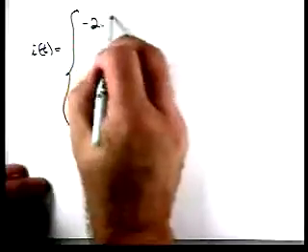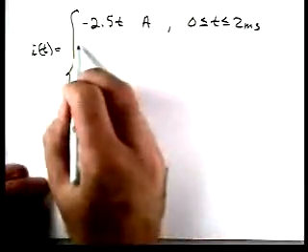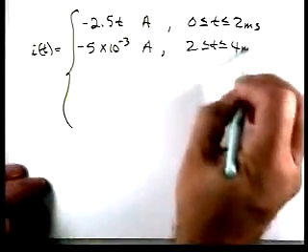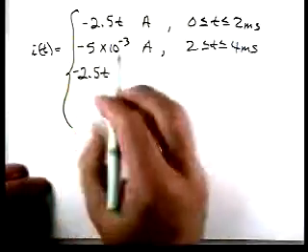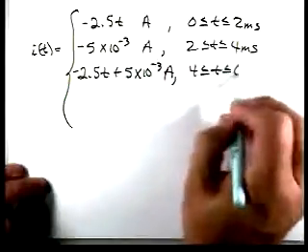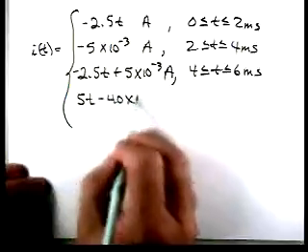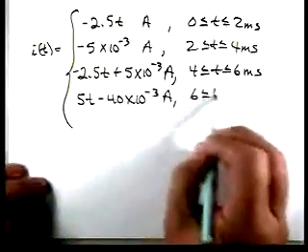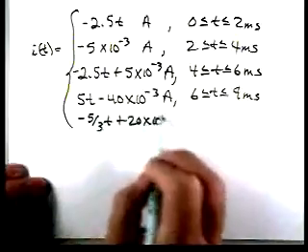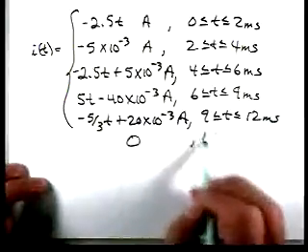We have minus 2.5 t, and then the current is a constant, and then for the next interval, and then it's 0 for t greater than 12 milliseconds.